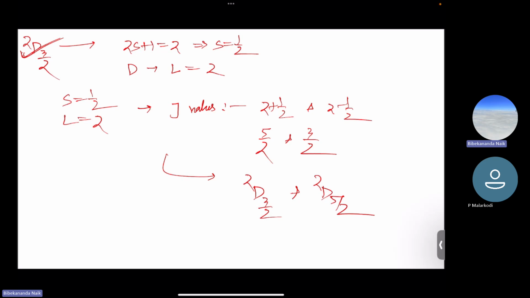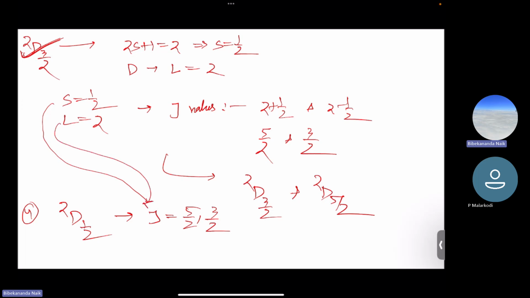Now you see the fourth option was 2D half, but here we found J values are only 5 by 2 and 3 by 2, corresponding to the value of L and S. J can't be half for S equal to half and L equal to 2.